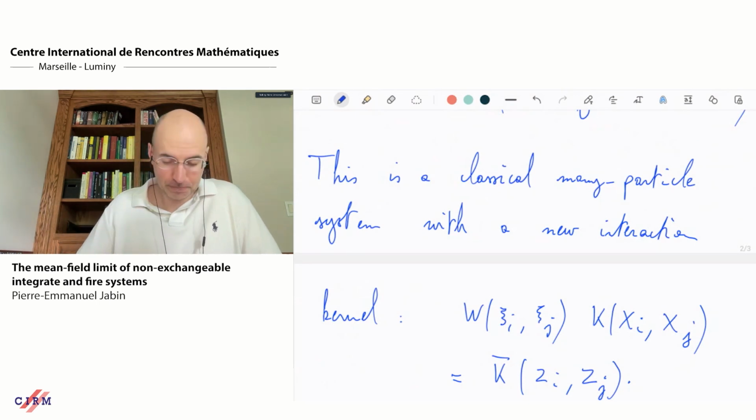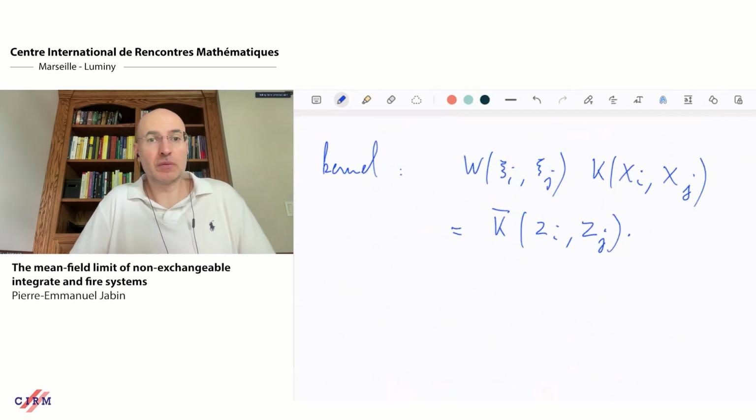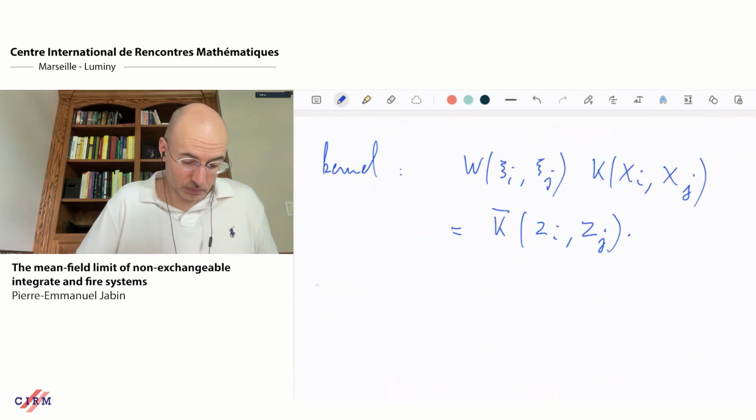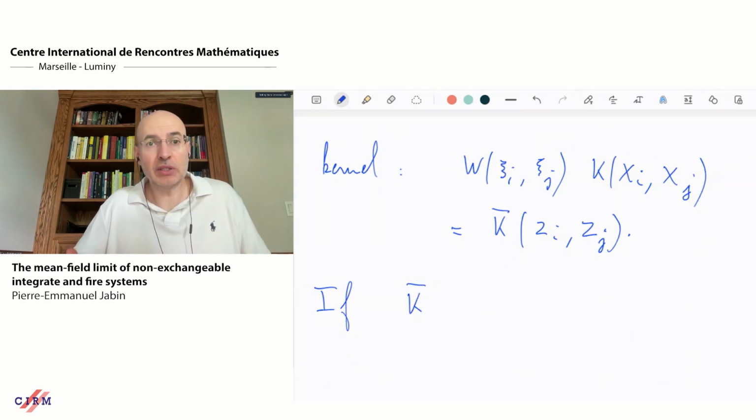Right? So we're good. If K bar is Lipschitz, then I can apply the classical mean field theory, and it works.